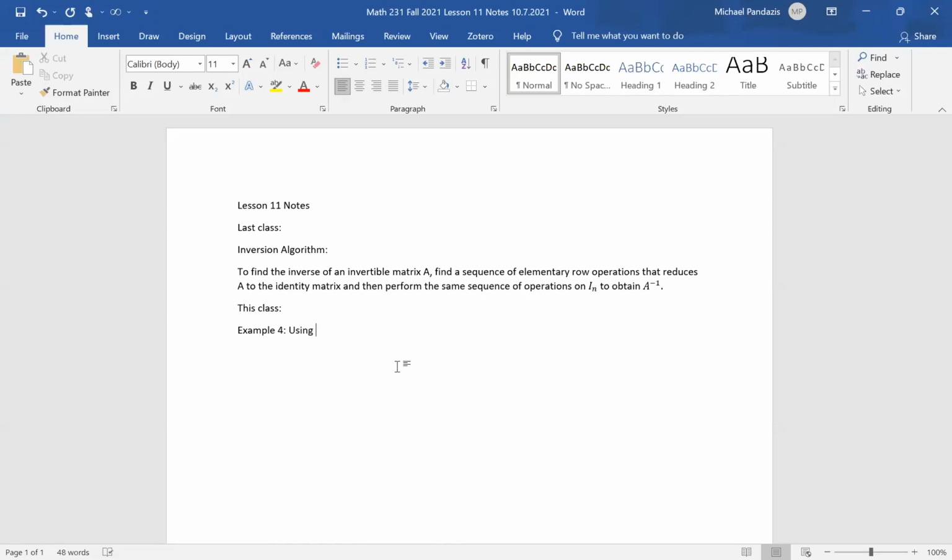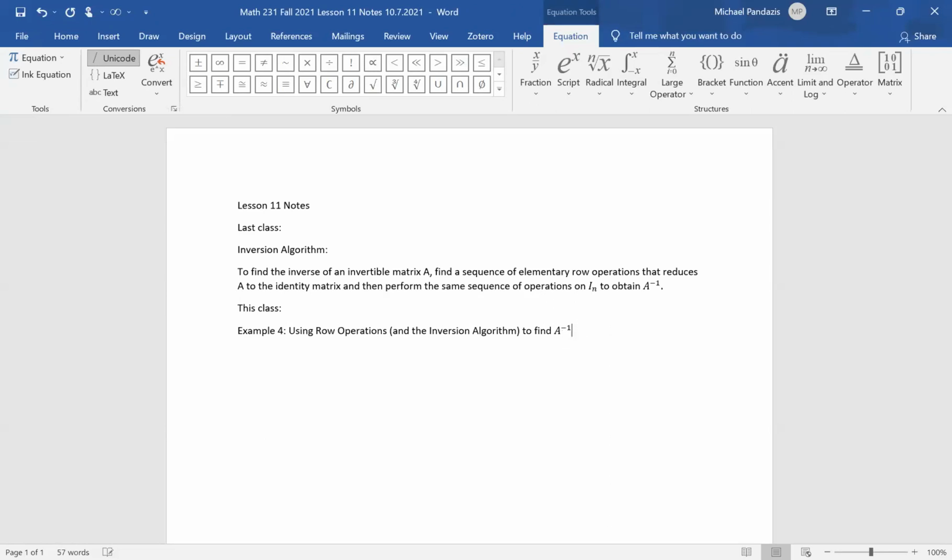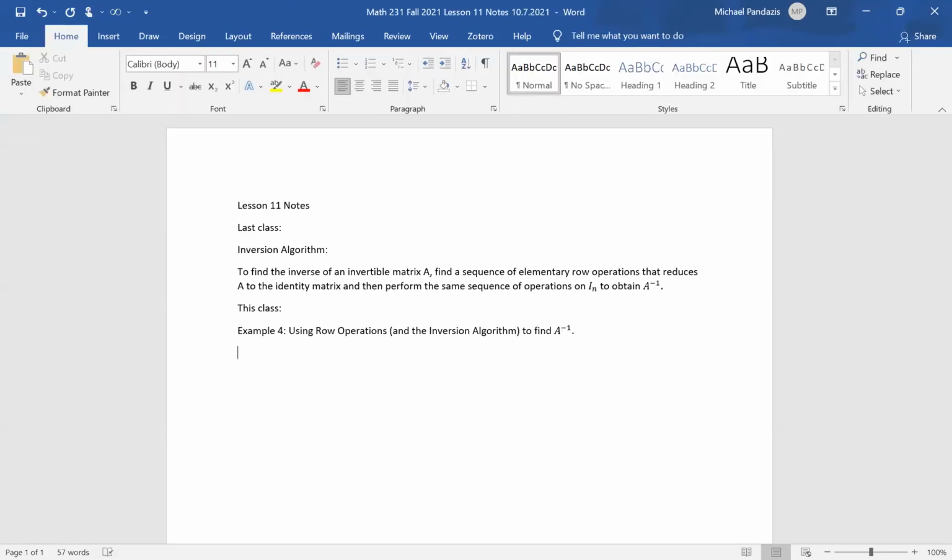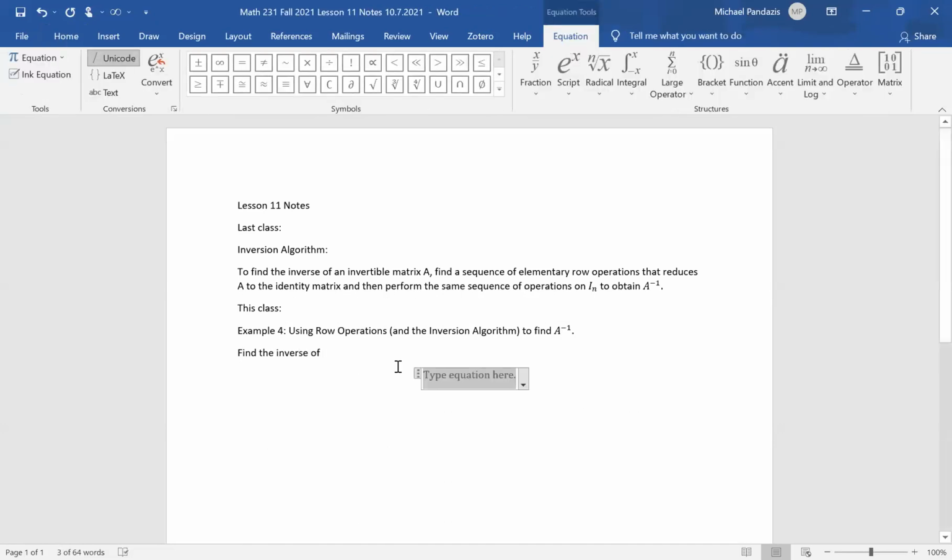Okay, so example 4 is using row operations and the inversion algorithm to find A inverse. Solution. So we want to find the inverse of the following matrix.